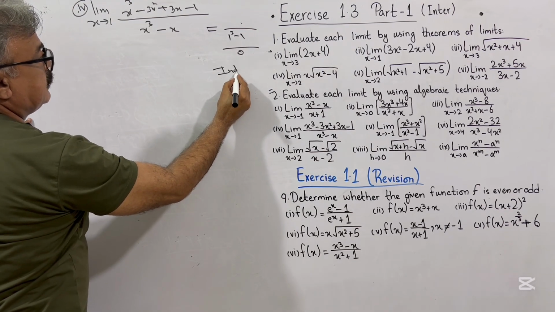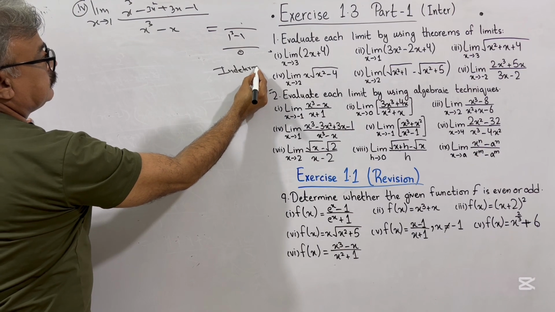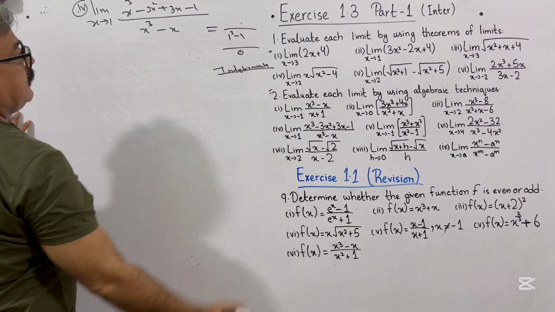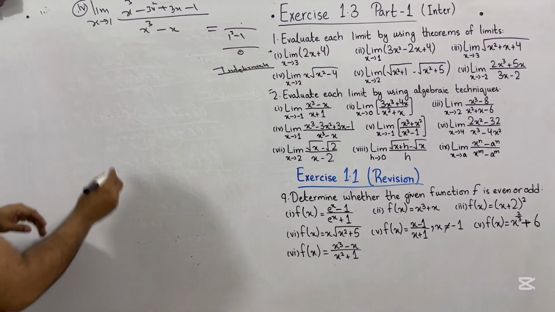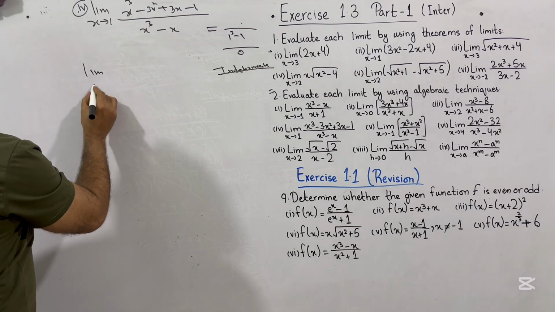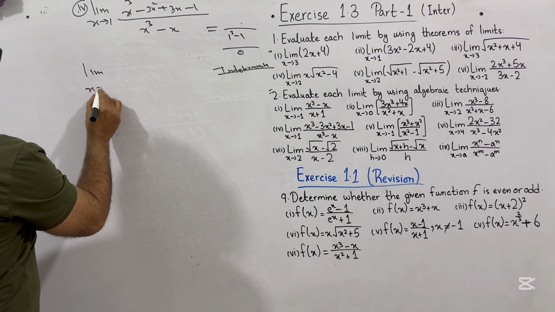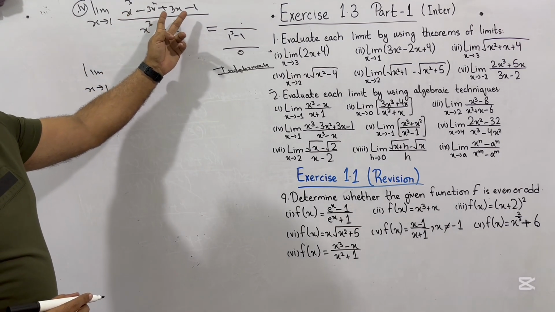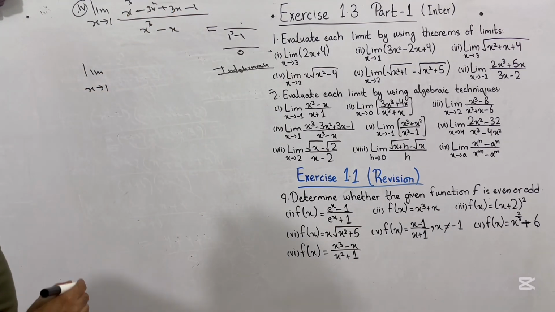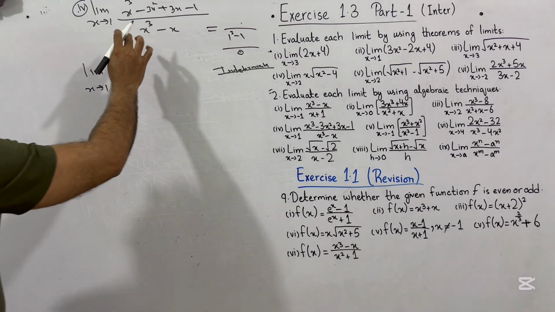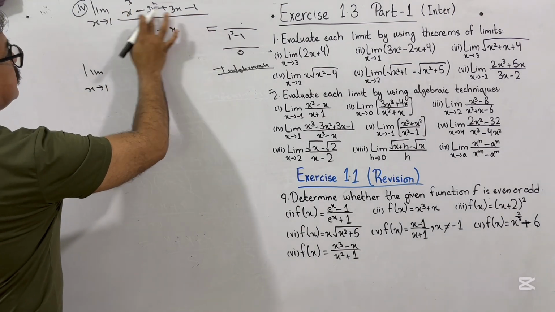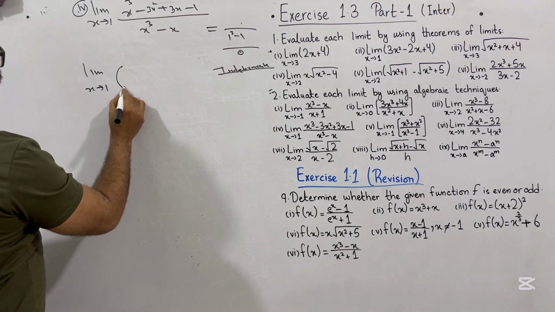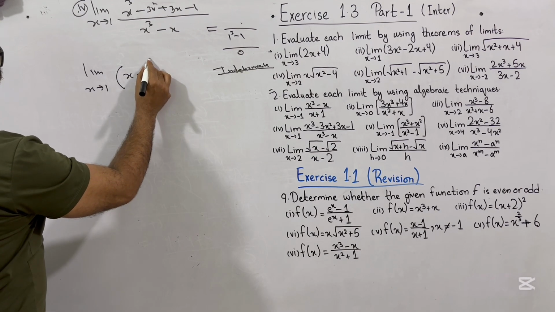Same indeterminate form. We have to avoid this undefined form, indeterminate form, by factorizing. Let's check and factorize. Limit x tends to 1. X common, x minus 3, there is nothing common, 3x minus 1. So both brackets are not identical. If you have a closer look, it is the formula for x minus 1 whole cube.